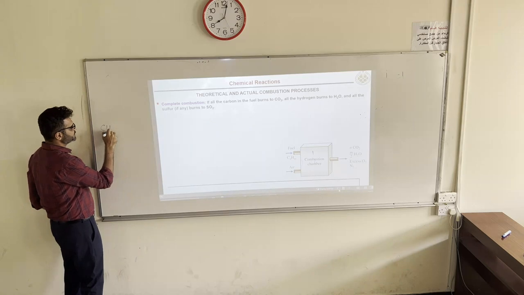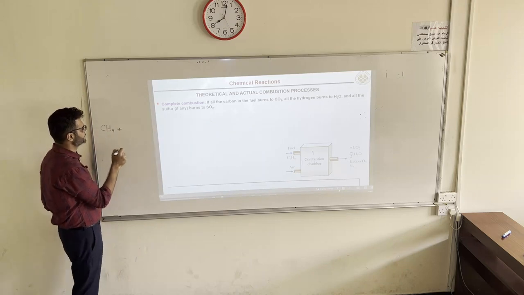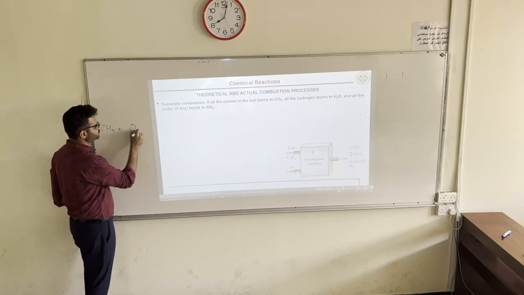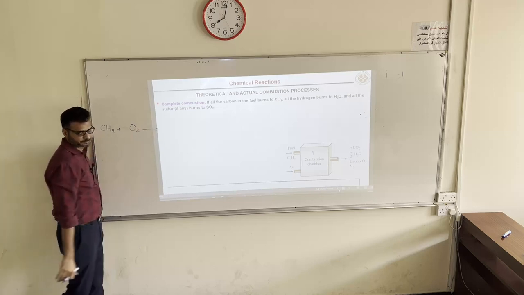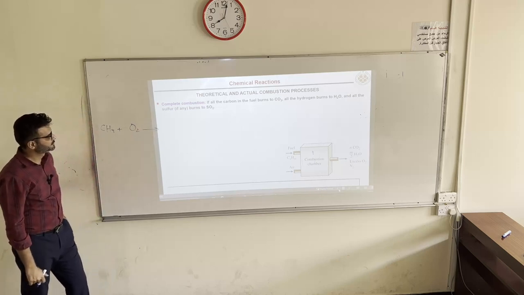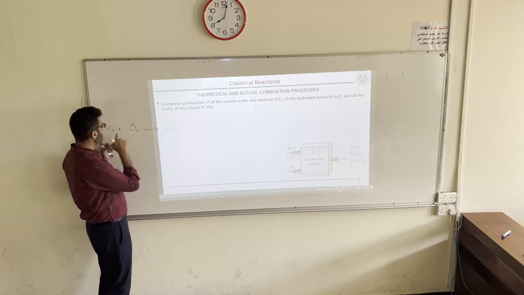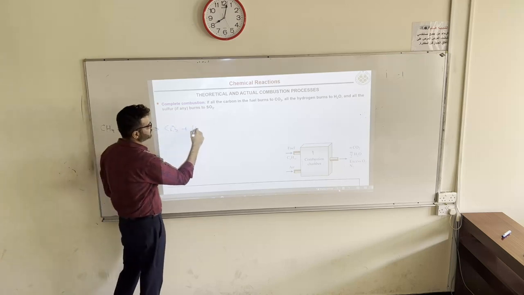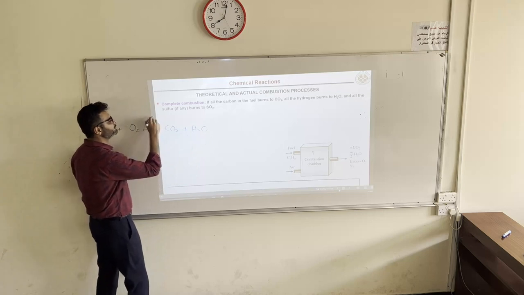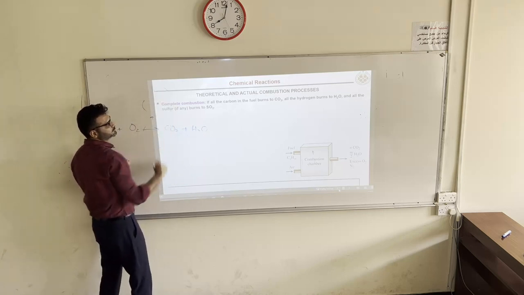For example, CH4 plus O2. So C must react to form CO2 and H must react to form H2O to get maximum heat.